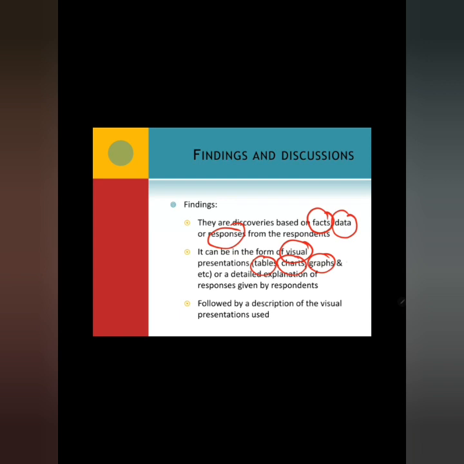Every visual you have must be followed by an explanation in paragraph form. For findings, if you still remember, you need to write it in past tense. Okay, clear? All right, now let's move on.